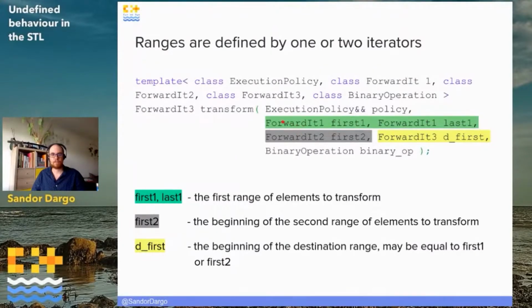What can we see here? That we pass in an input range defined by both the beginning and the end iterators. And then you might pass in a second range, but there you don't define the end, you only define the beginning. And as we said, we don't pass in containers, we pass in iterators.